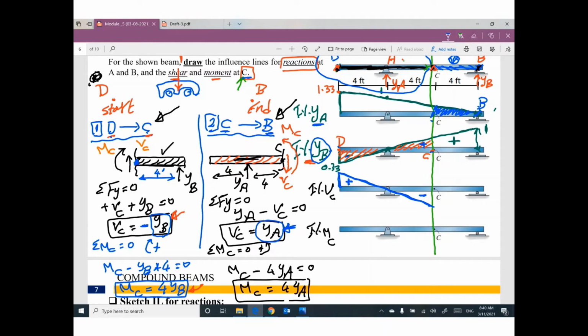Can you take it as it is? If you take this triangle as it is from C to B and put it here from C to B, so we have this triangle as it is, which is positive. You will find yourself drawing a diagram that looks like this, which you call the influence line for shear at C.